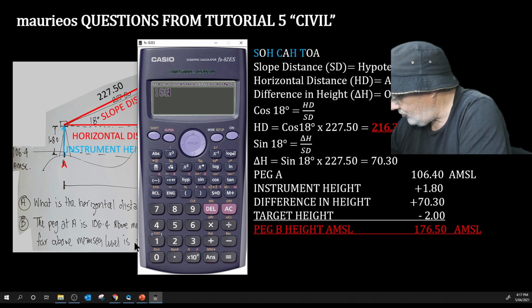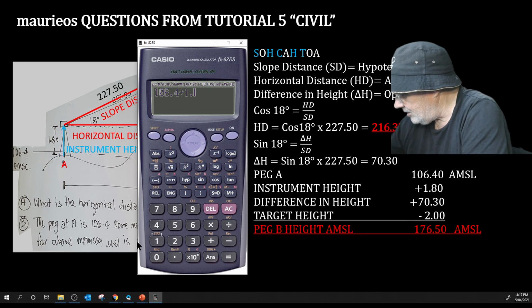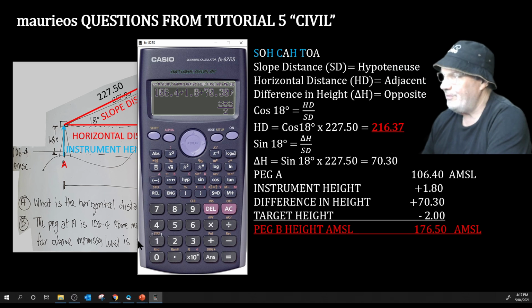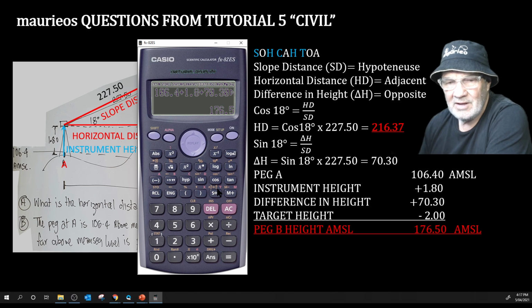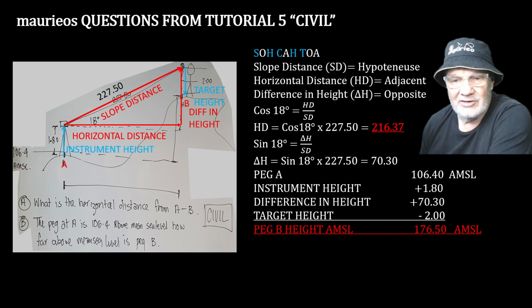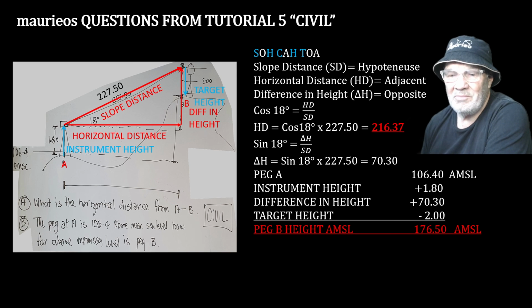So 106.4 plus 1.8 plus 70.30 minus 2 equals 176.50 AMSL, above mean sea level. And there you have it, the answer to the question. Bloody marvellous.